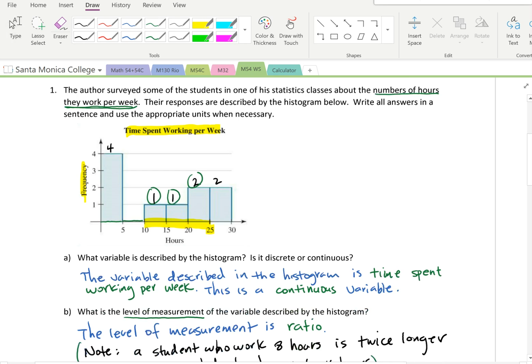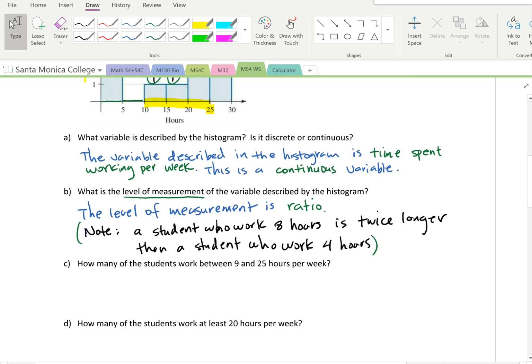So let's answer the question. I say 4 students, the number of students, work between 9 and 25 hours.